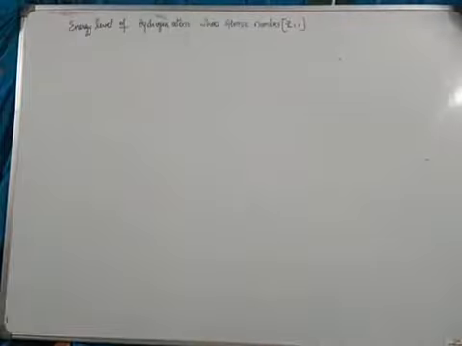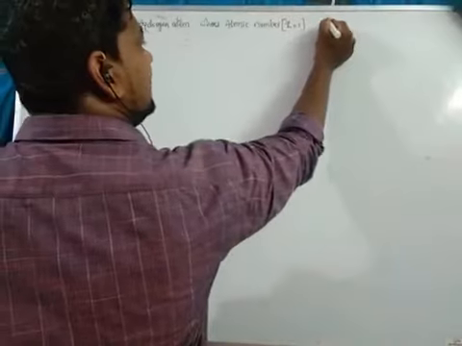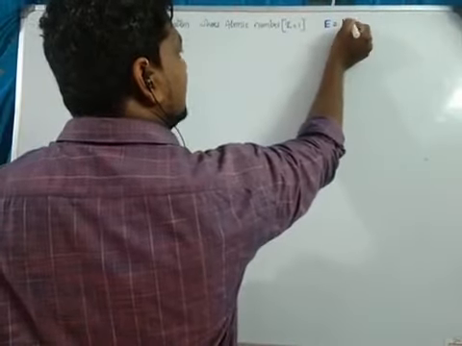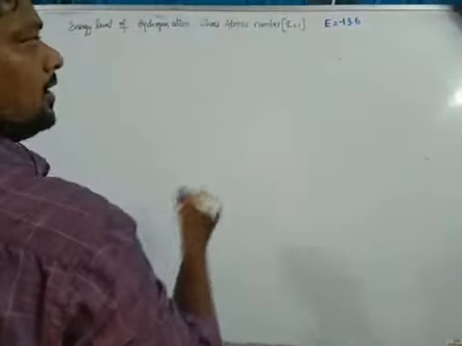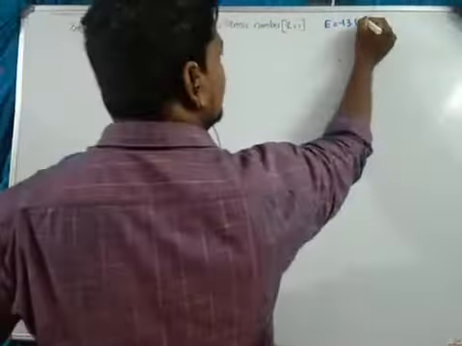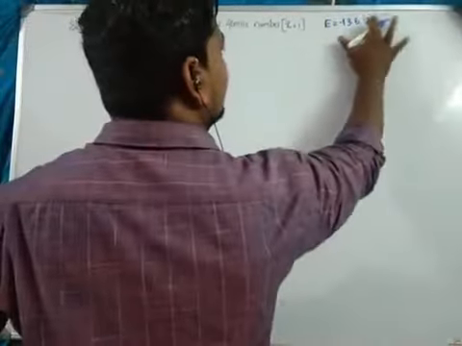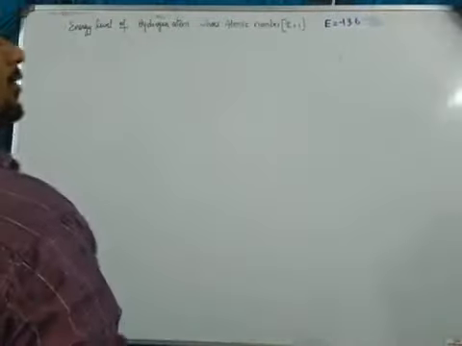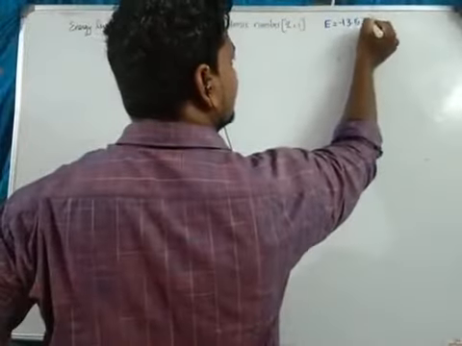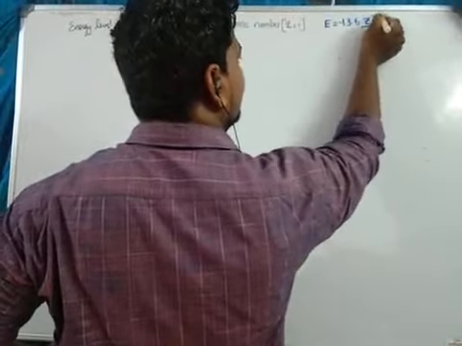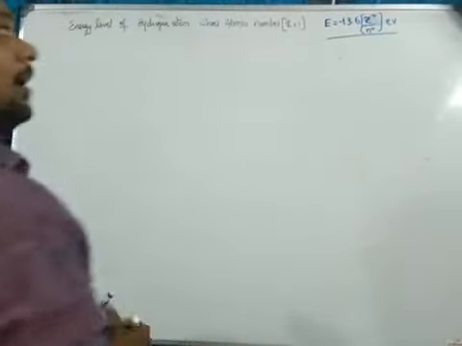We have the formula: energy E is equal to minus 13.6 times Z square by n square electron volt. So this will be the energy.